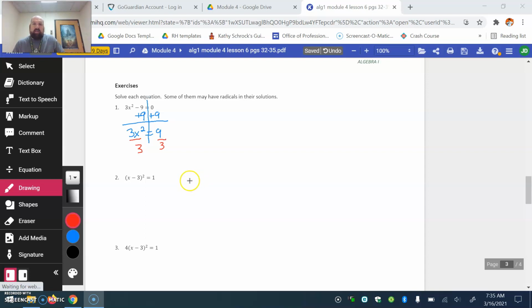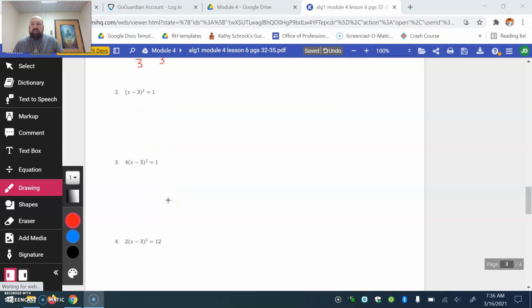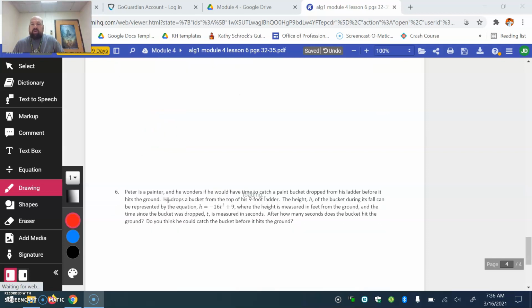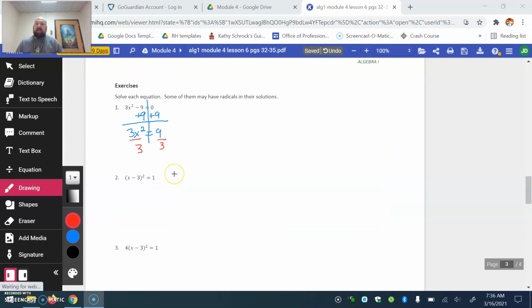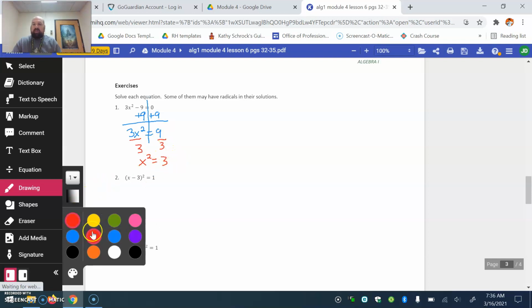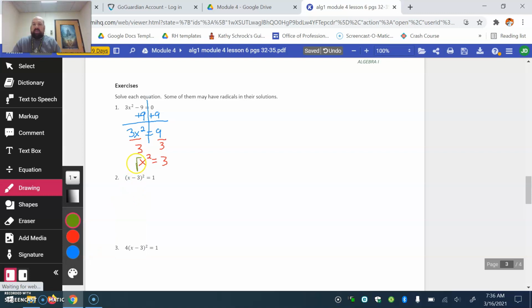Okay, we're running out of time, so I'm going to move quickly here. We're going to solve each of these 4 problems, and then we're going to go on the next page and do number 6 quickly. All right, so you can see I already started number 1, added 9 to both sides. Then at the next step, I divided both sides by 3, and now I get x squared equals 9 divided by 3 is 3. Now, to undo x squared, I'm going to take the square root. Now, here's the problem.